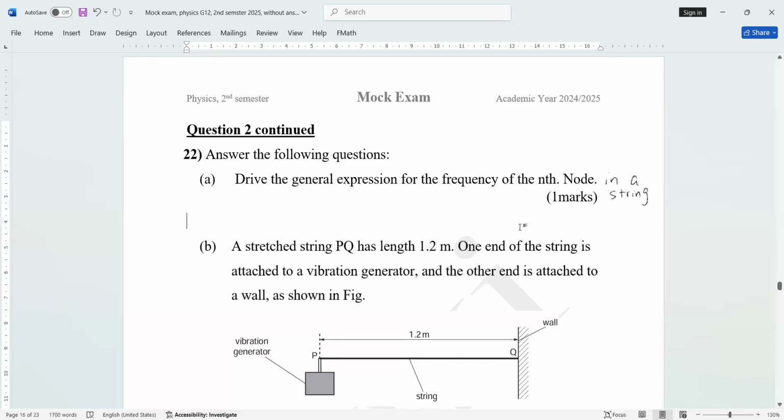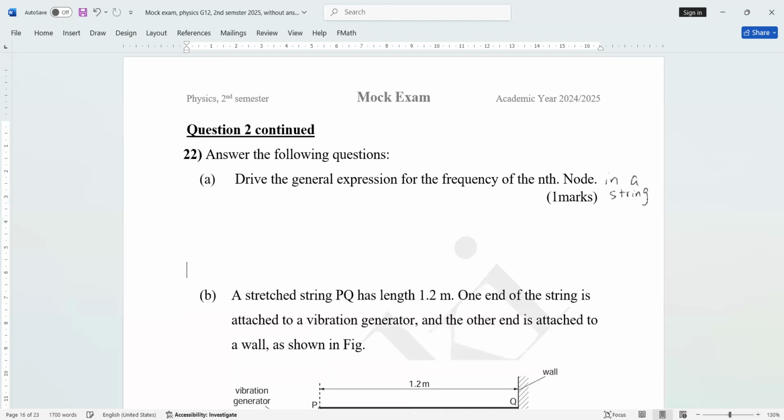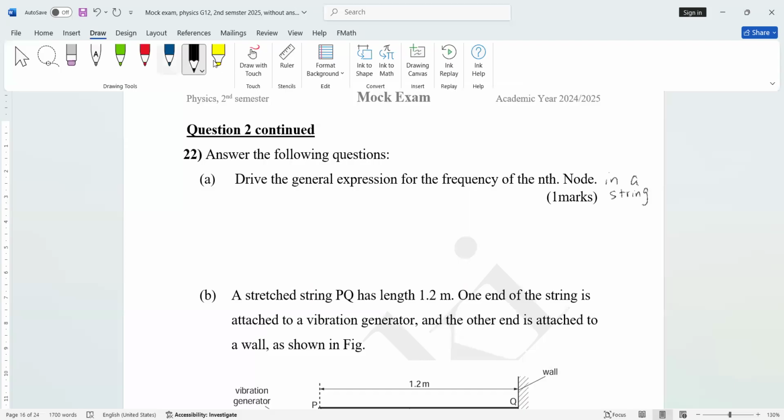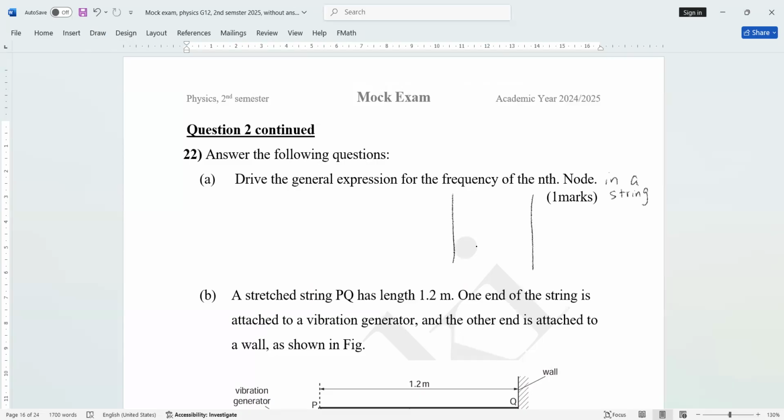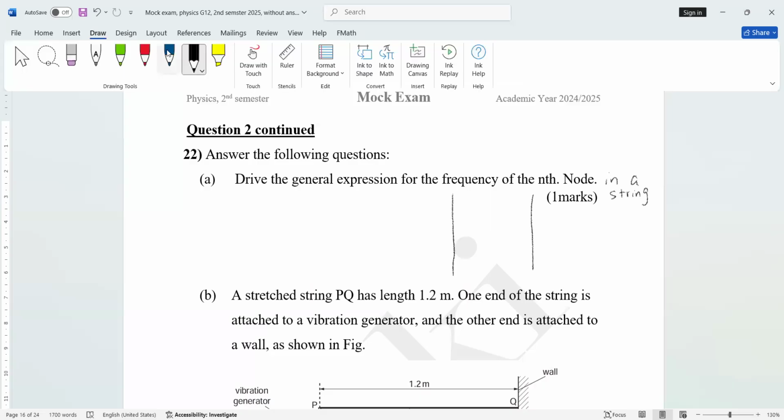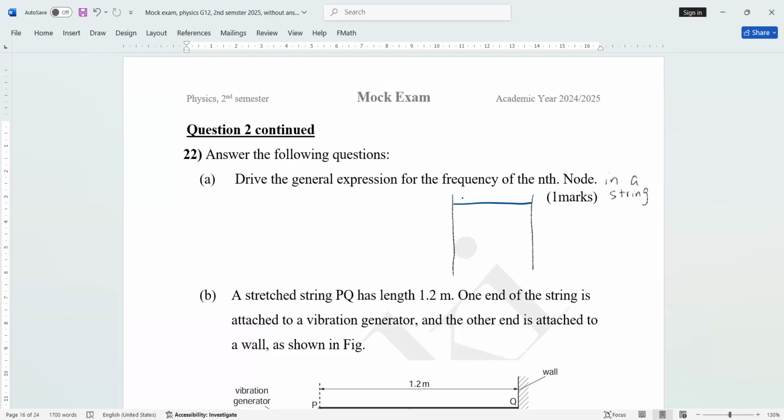To derive this formula, we draw here two lines like this, and this is the string of length L. We need 3 cases.